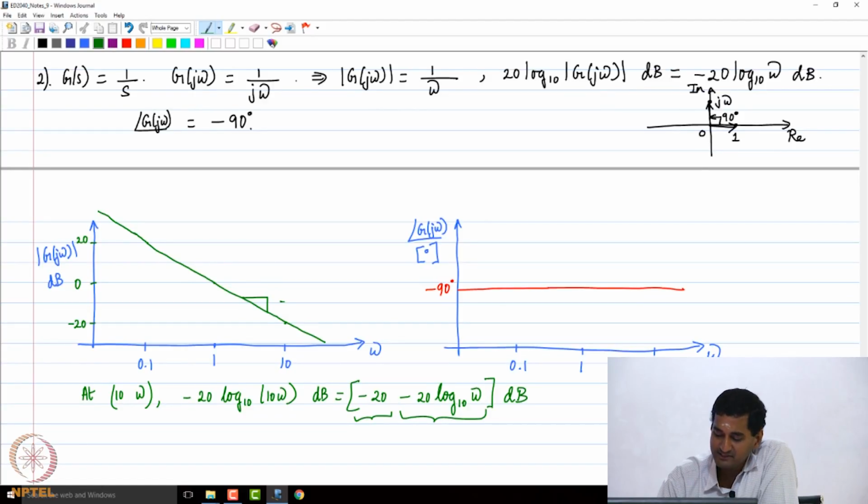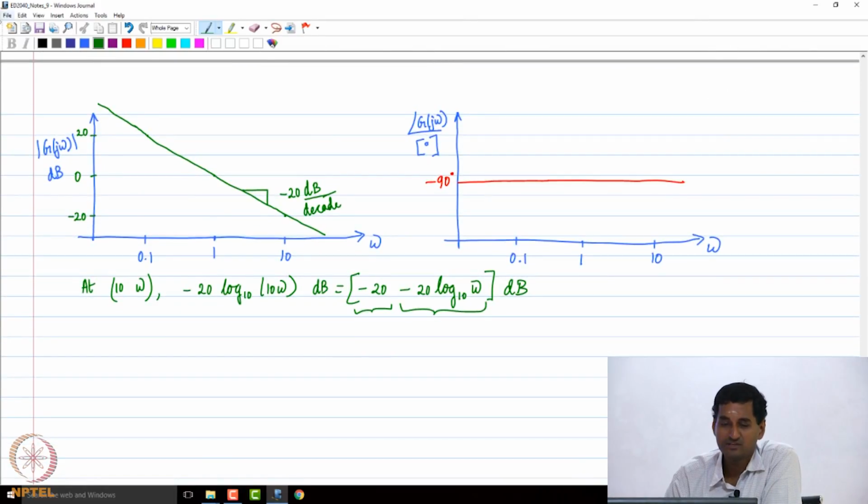So for that reason, the slope is indicated as minus 20 decibels per decade. In one decade of frequency, the magnitude drops by 20 decibels. That is the slope of this magnitude curve. I hope it is clear how we got this slope.